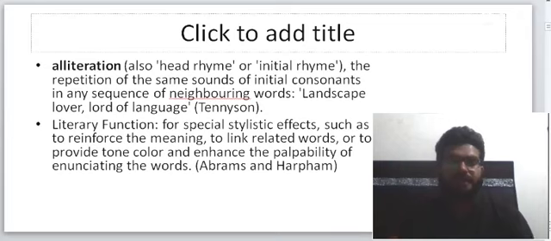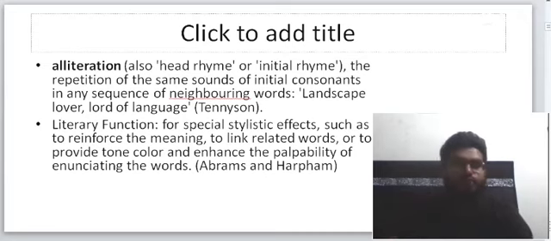Now, next let us look at the function of alliteration, why it is used, and especially it is used in poetic prose or poetry, because some of these devices which I am going to discuss, these literary terms, are frequently found in poetry.